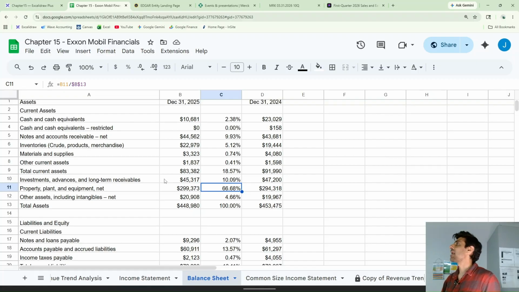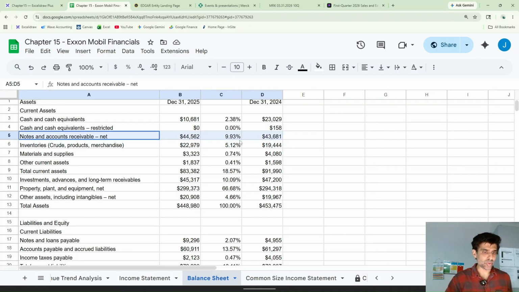They also have refineries, tankers, whatever. So it's quite obvious that they're going to be very heavily in PP&E. But you can also see inventories, notes receivable, accounts receivable. So it gives you a sense of how their balance sheet is broken out. What are the important assets to the business?